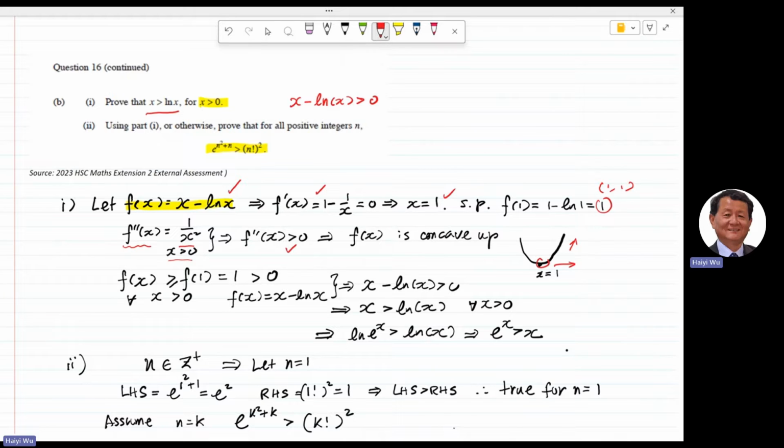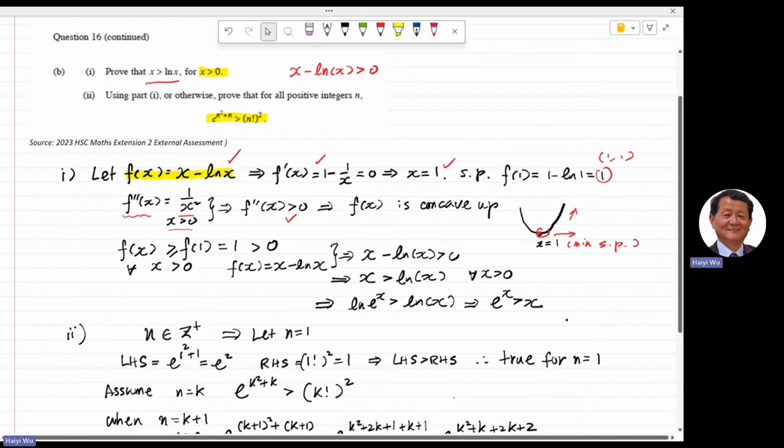Therefore, that point is the minimum stationary point, which means the graph is always concave up. So f(x) is always greater than the minimum point, and they're always above that point, regardless of what x is.